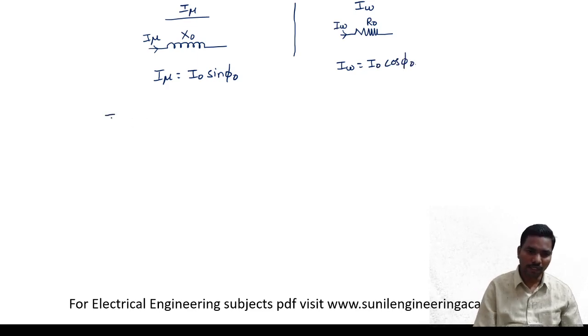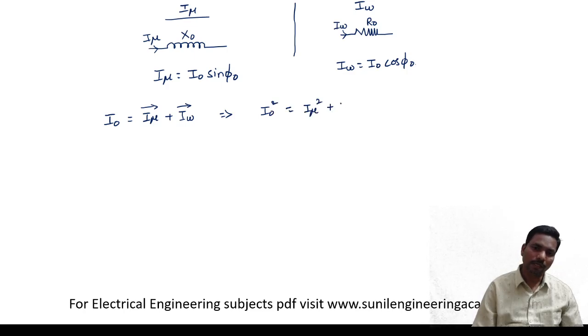If you take the sum, I naught is equal to I mu plus IW. If you take the square, I naught square is equal to I mu square plus IW square.